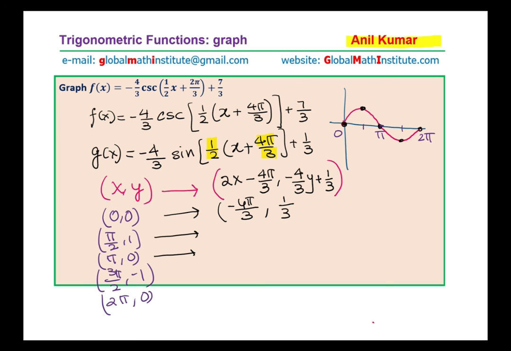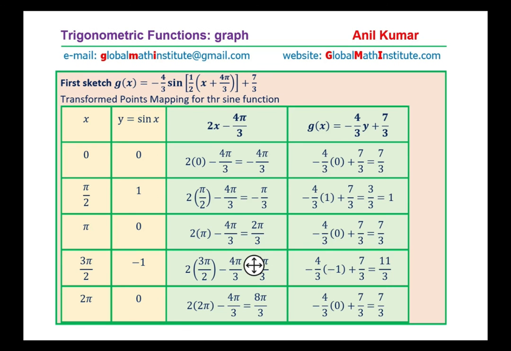So for you, we have done the calculations. Here is the table of values. As you can see, the five critical points have been taken for sine x, which are 0, 0, pi by 2, 1, pi, 0, 3 pi by 2, minus 1, 2 pi, 0. Correct. After applying this transformation to the function, these are the calculated values.